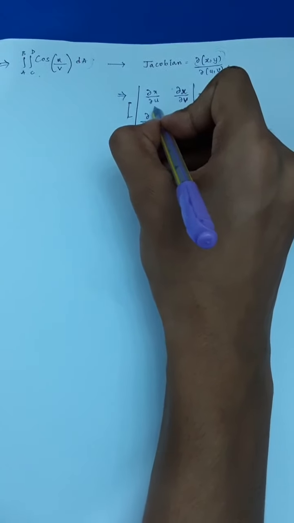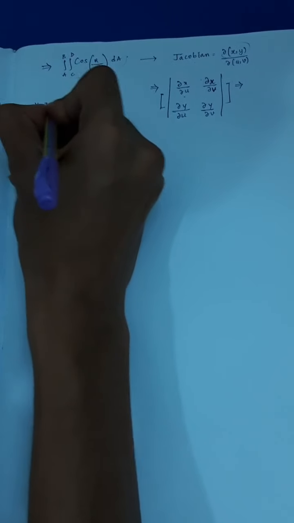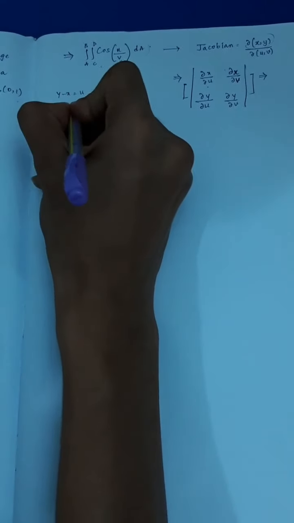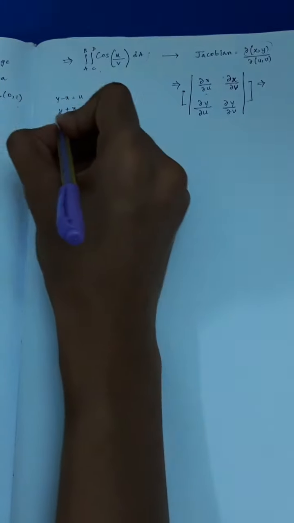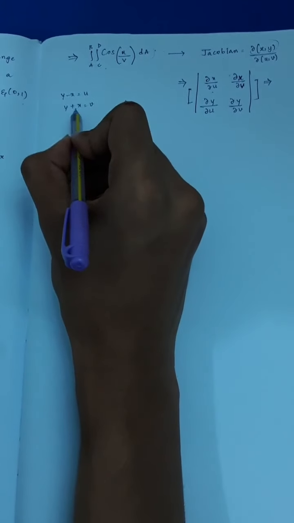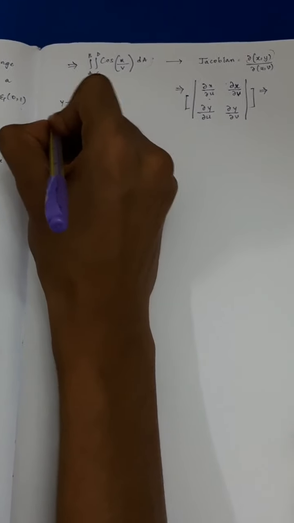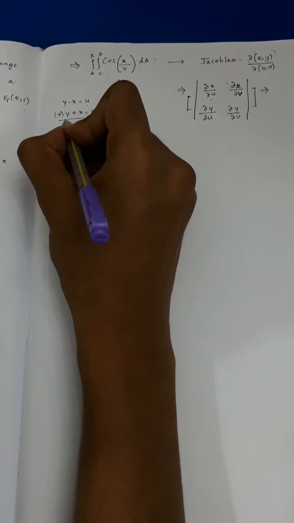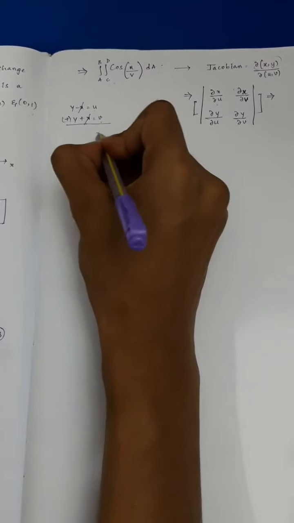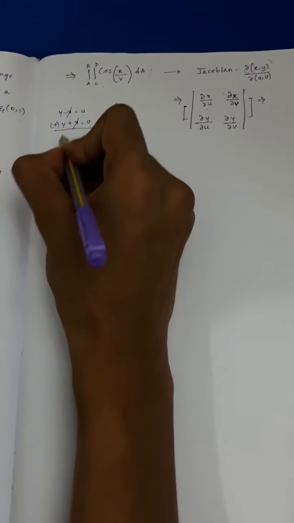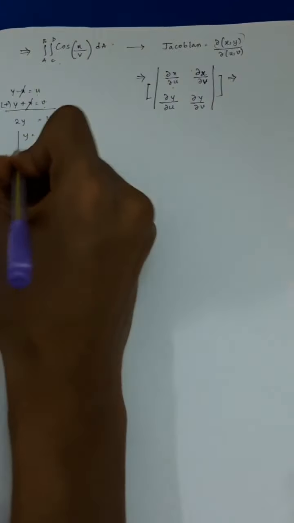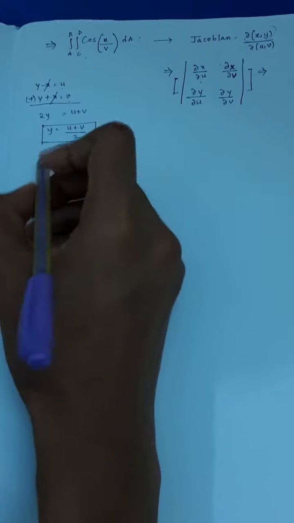Dou x by dou u. So here we know that y minus x is equal to u and y plus x is equal to v. We need to find the x and y terms in terms of u and v. So now by adding these two equations, x will be cancelled, u plus v is equal to 2 times y. Y would be (u plus v) by 2. So we got y in terms of u and v.